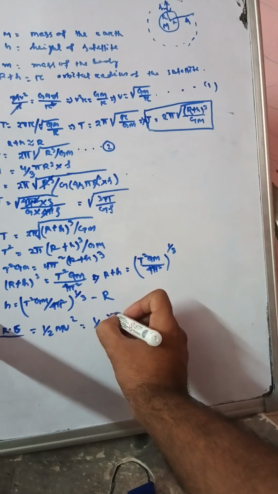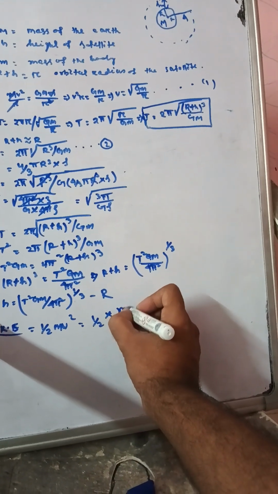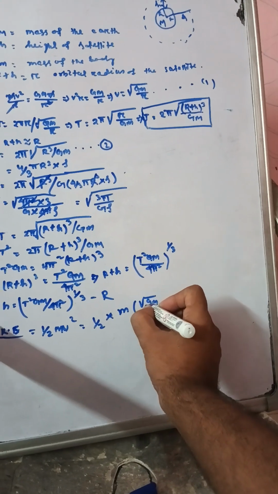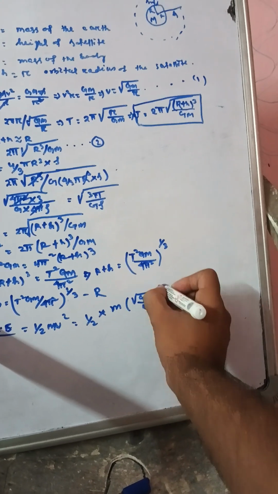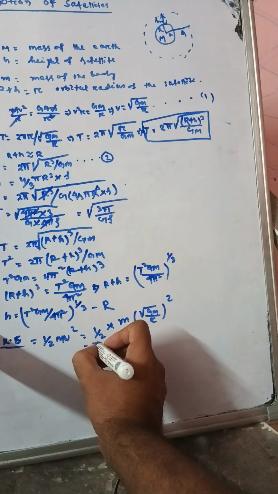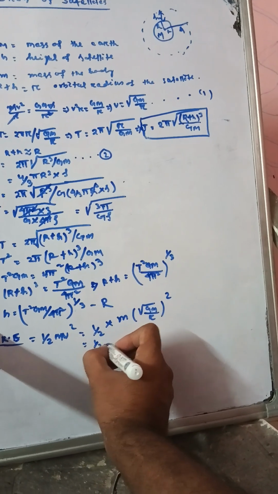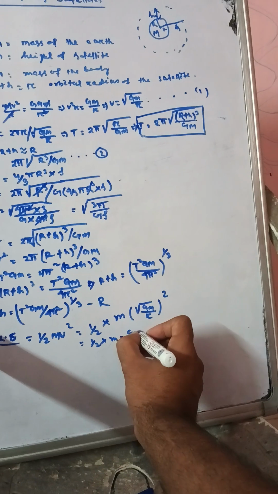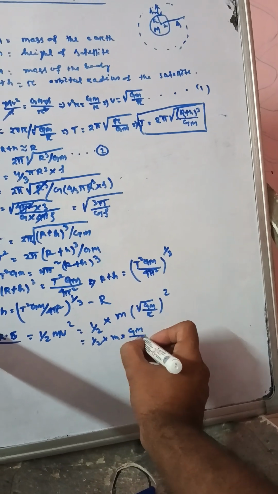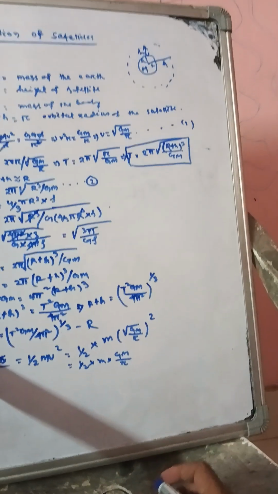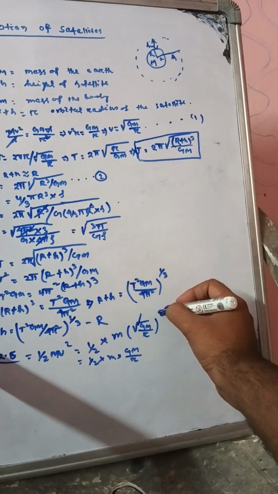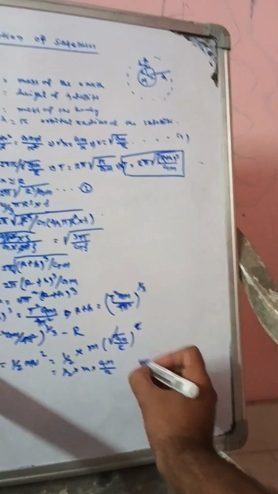Put it in, half m into (square root of GM divided by r) whole square. So half into m into GM divided by r. Square root and square will be cancelled, so we get this.